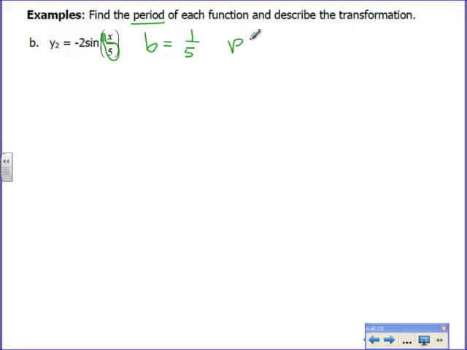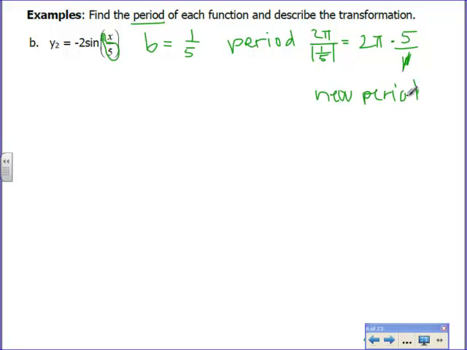If we go to find period, we use our formula, 2 pi divided by the absolute value of B, which would be dividing by 1/5. If you flip and multiply, that's going to get you 2 pi times 5 over 1, which means your new period is 10 pi. What that did was stretch you horizontally times 5.